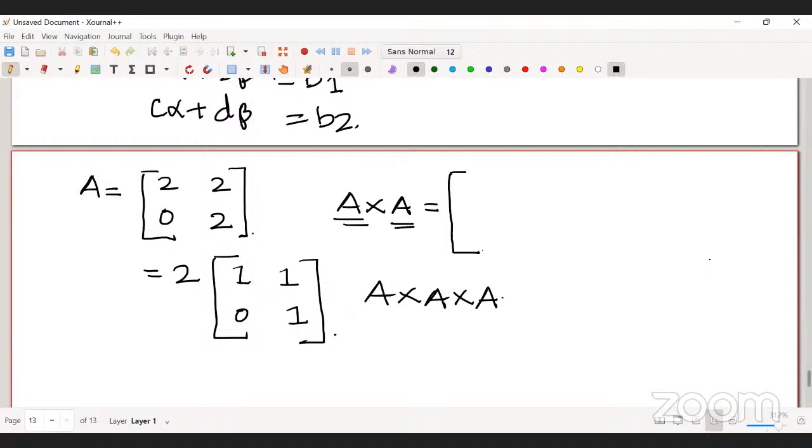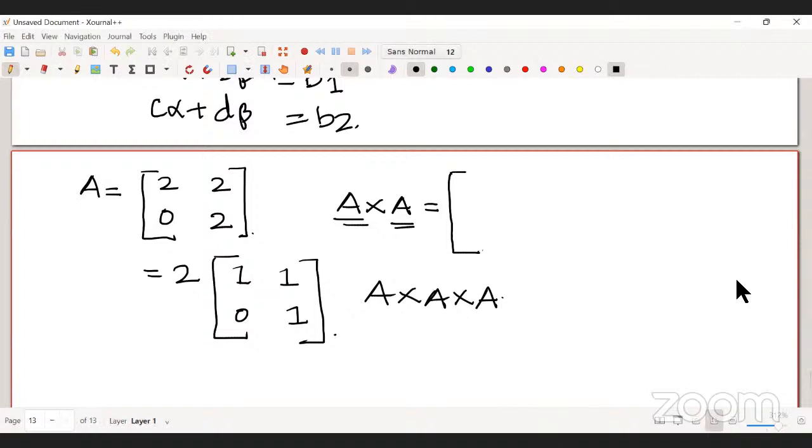For this particular type of question, you need a method, that is induction. Using induction, you can do it. Otherwise, I will not suggest you multiply out this matrix 10 times.